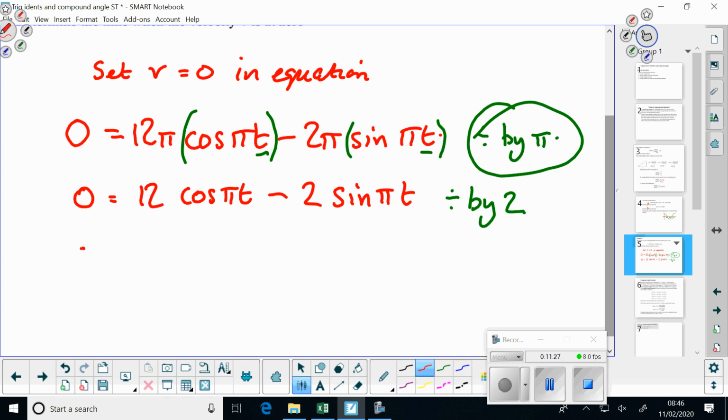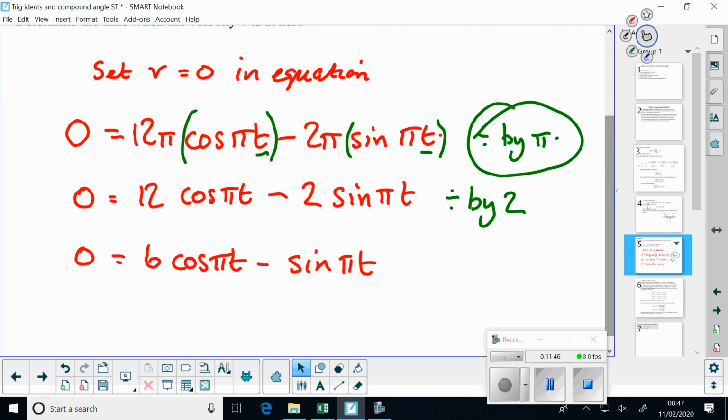So 0 is equal to 6 cos pi t minus sine pi t.